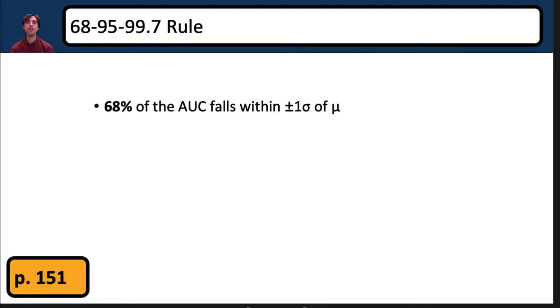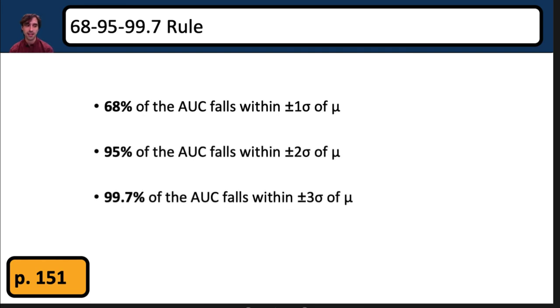So within this perfect bell curve, you have 68% that falls under the first standard deviation. We have 95% under 2 standard deviations, and we have 99.7% in 3 standard deviations. Let's see what that looks like.